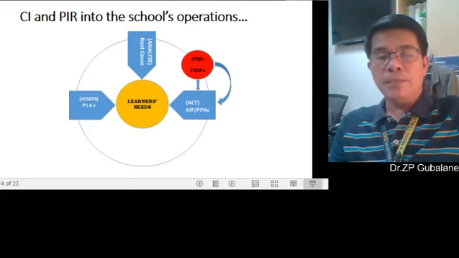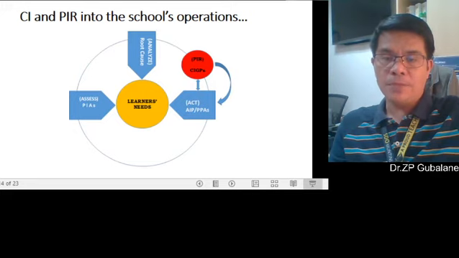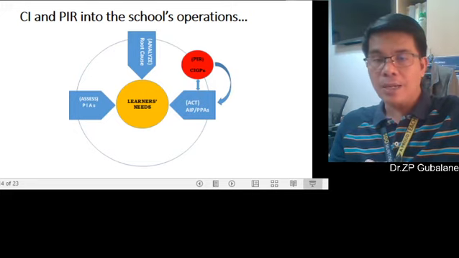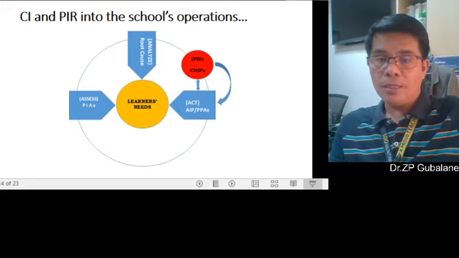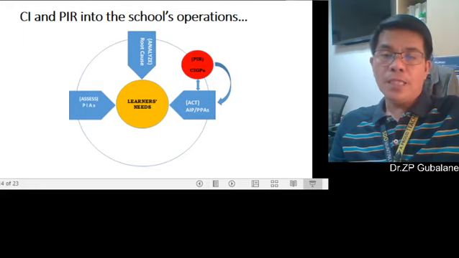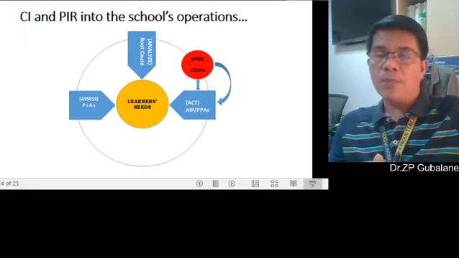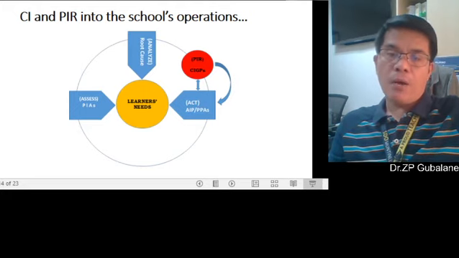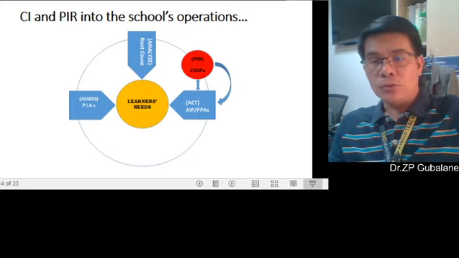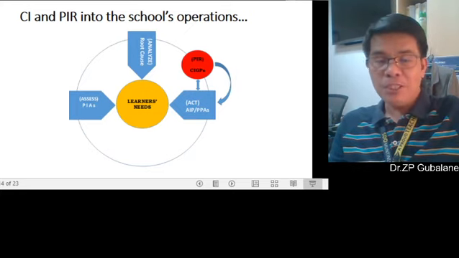Now, since the implementation of a particular program or project in our setup in the Department of Education usually runs within a year, and the school year is not yet over, we can actually use the result of this PIR, of this review, as our springboard, as our basis, to continuously improve.